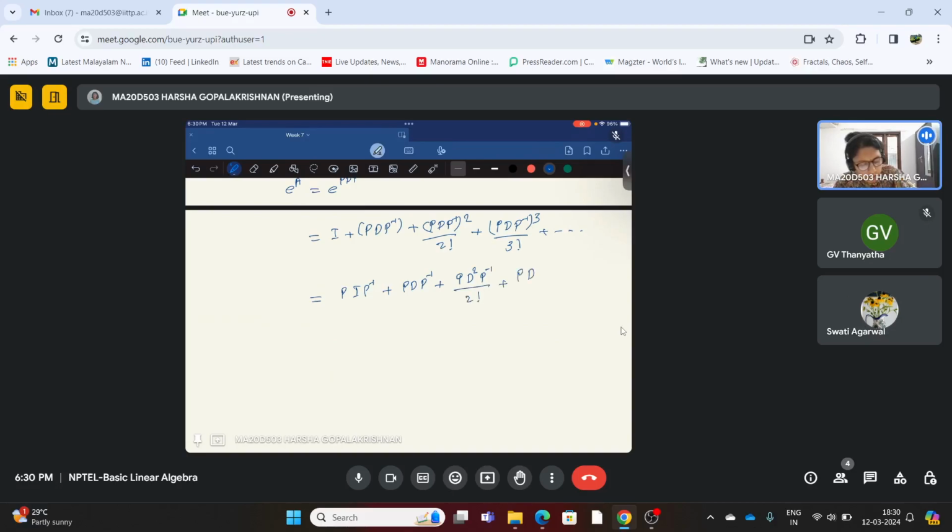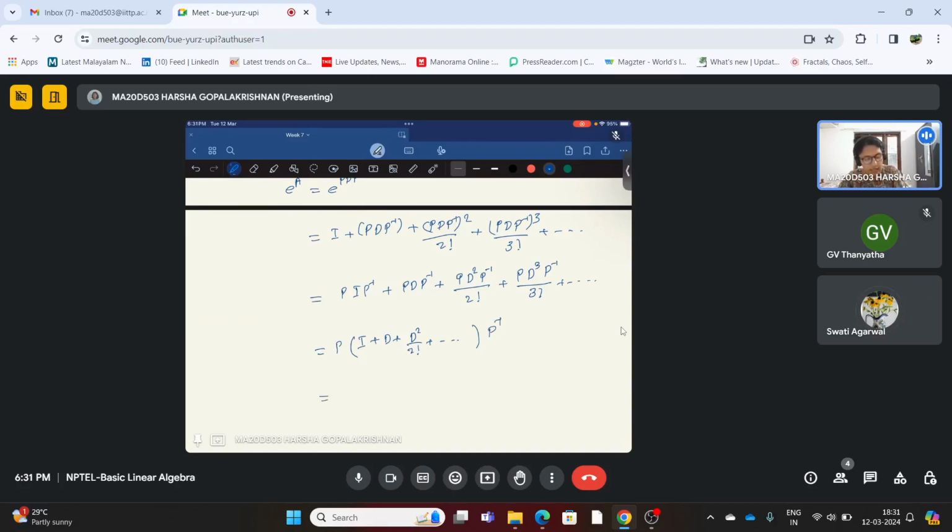The next one is P D cube P inverse by 3 factorial. Now let me take P to this side and P inverse to the other side, and the remaining is I plus D plus D square by 2 factorial plus etc.